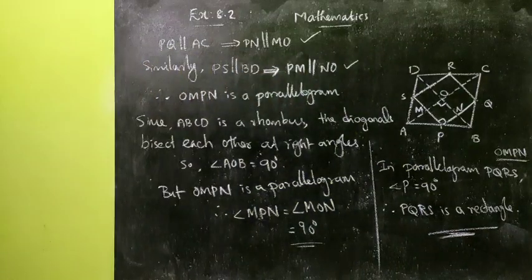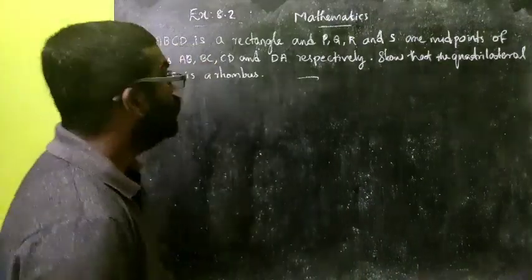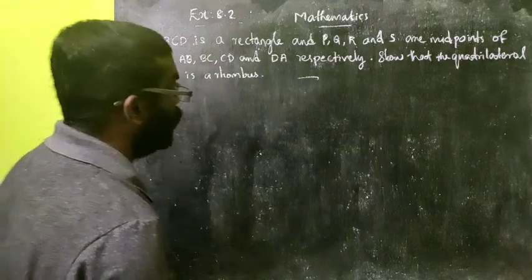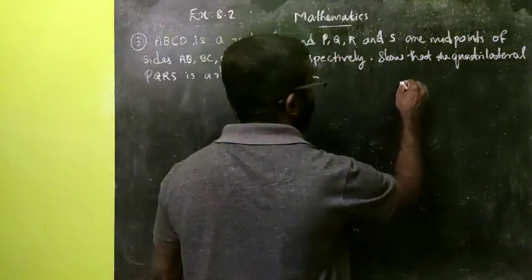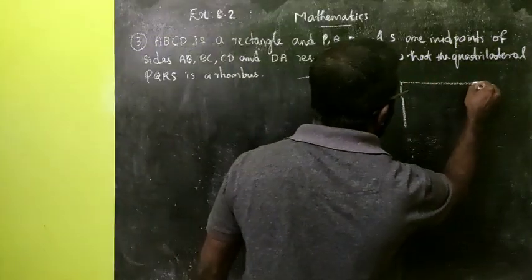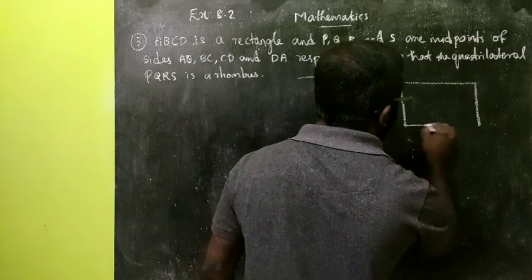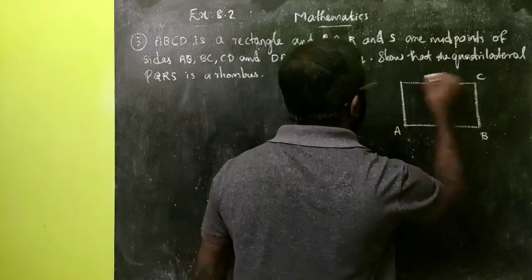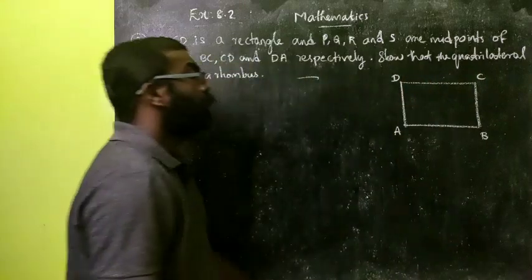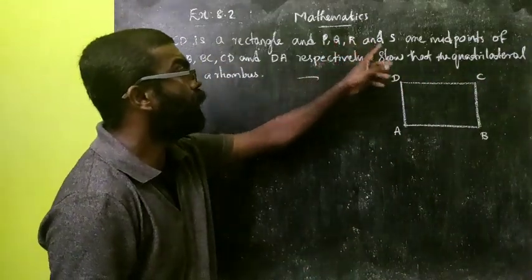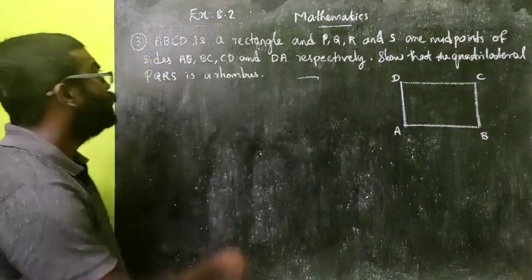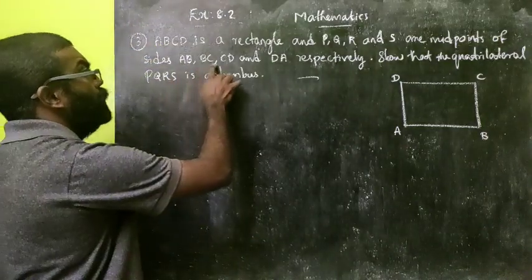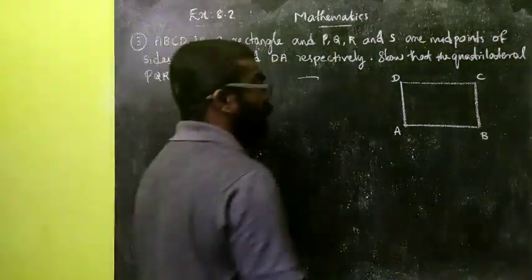Clear? Here the next question is, ABCD is a rectangle. So we can draw rectangle ABCD, and P, Q, R and S are midpoints of sides AB, BC, CD and DA respectively.